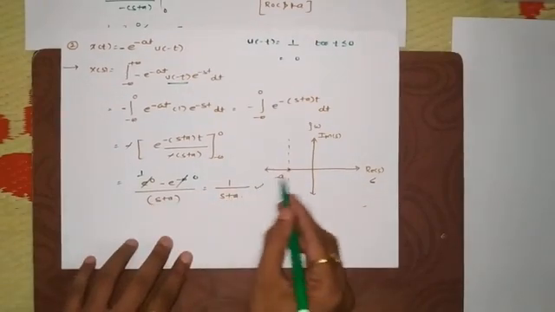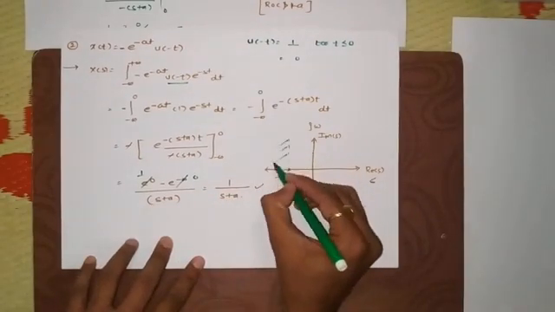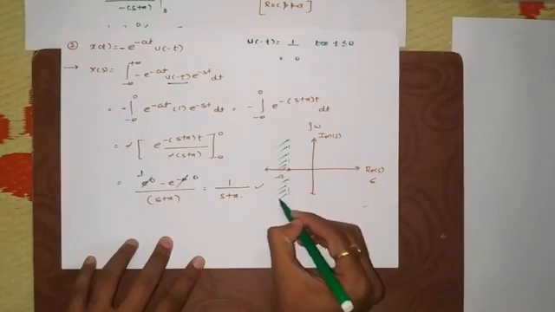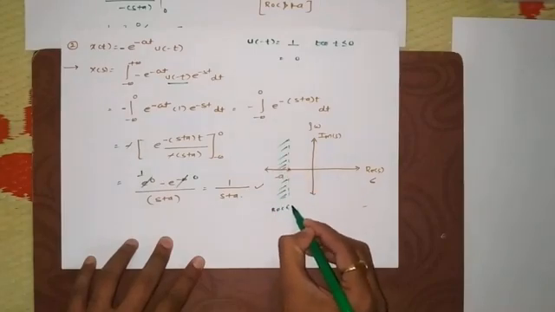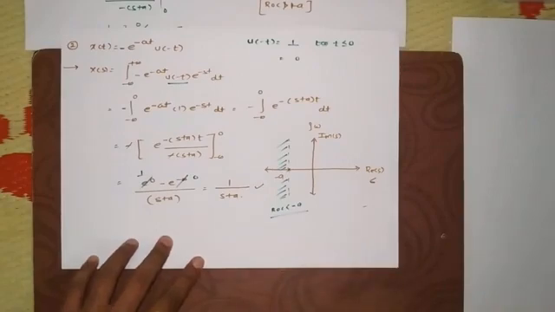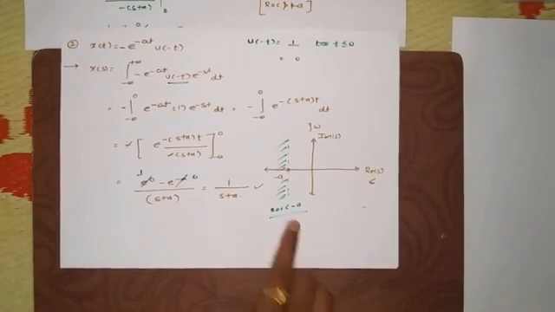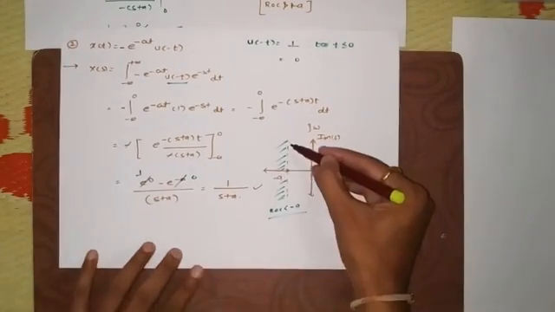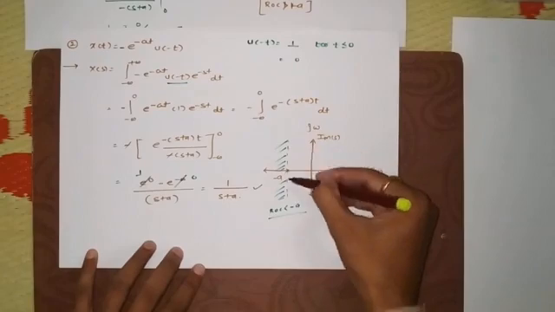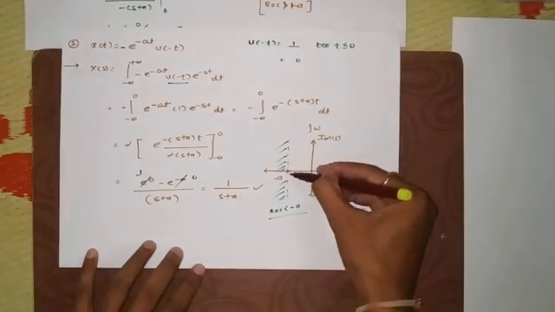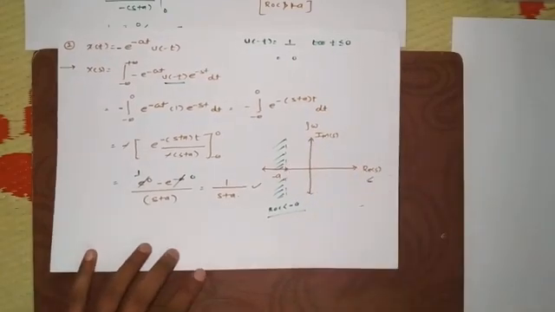Now it should be less than minus a, that means this becomes the region of convergence, that is ROC should be less than minus a. So in the first case it is greater than minus a, and in this case it is less than minus a. Remember here ROC should be drawn with reference to the pole point, that means it doesn't include the pole point, otherwise it becomes infinite.